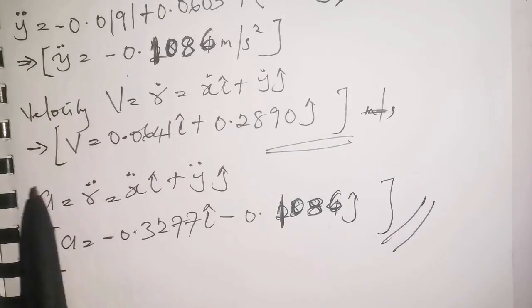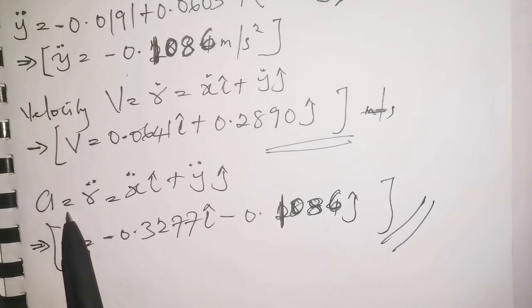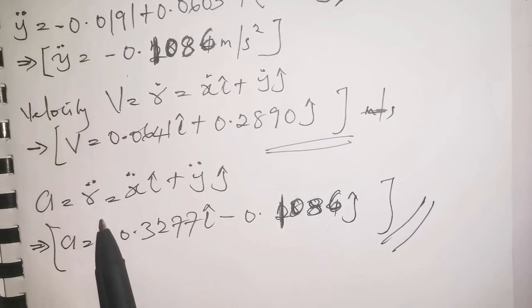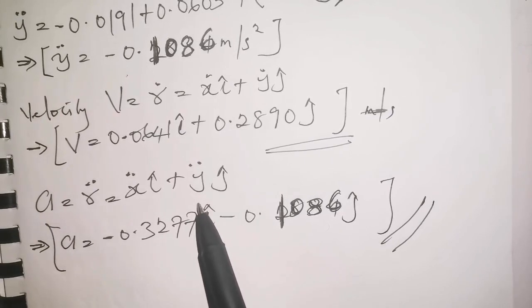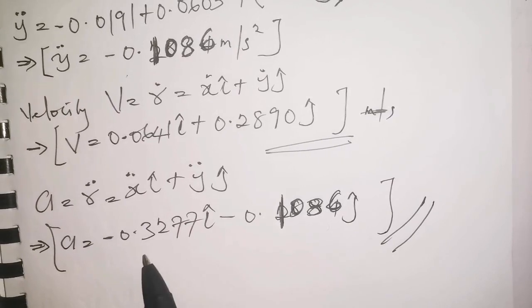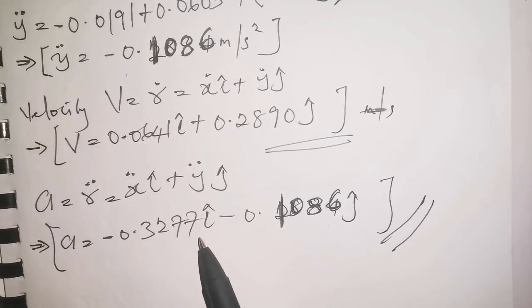This is our velocity in vector form, whereas our acceleration, r double dot, is equal to x double dot in the i direction plus y double dot in the j direction, and these are the values for x double dot and y double dot. Simply append your vectors i and j to it, and that becomes the velocity and acceleration components in the i and j direction.